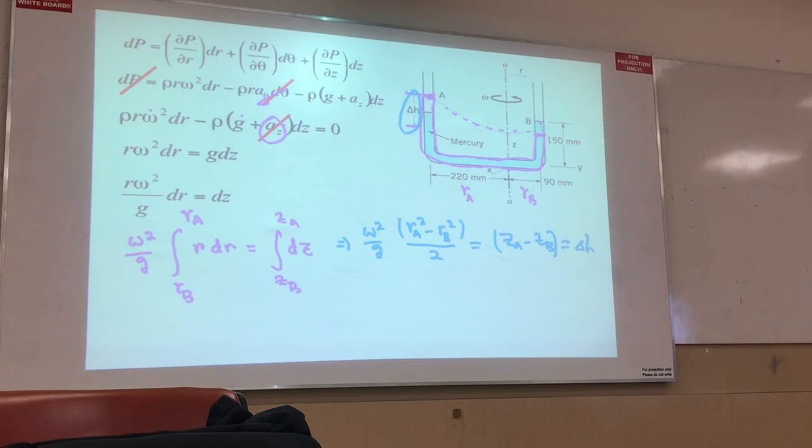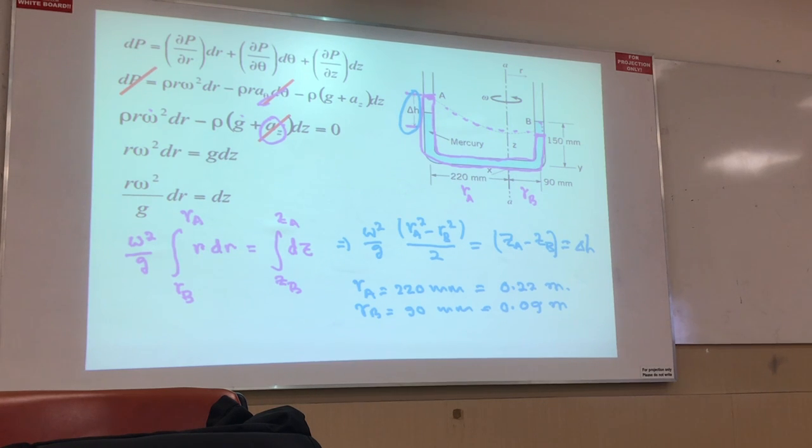So in that question, what is the value of RA? Tell me. RA is 220 millimeter, right? Correct. This one is 0.22 meter. You have to convert. RB is 90 millimeter, 0.09 meter.